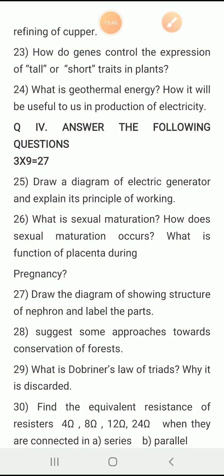So limitations of the Dobereiner's law of triads: he could identify only few such triads. You know that only 6 or 9 elements are identified in its triads, and so the law could not gain importance. You have to write this much: limitations of the Dobereiner triads. He could identify only few such triads, and so the law could not gain importance, right? So this is also one of the major drawback of Dobereiner's law of triads, right?